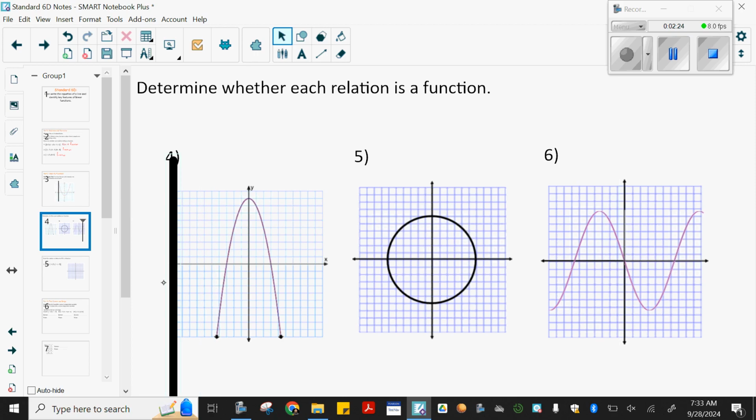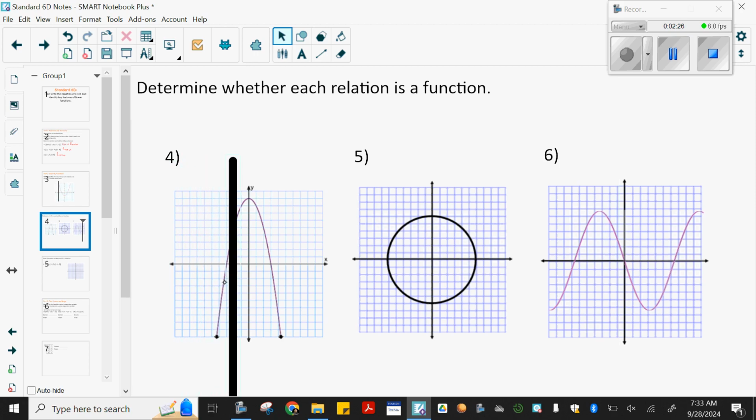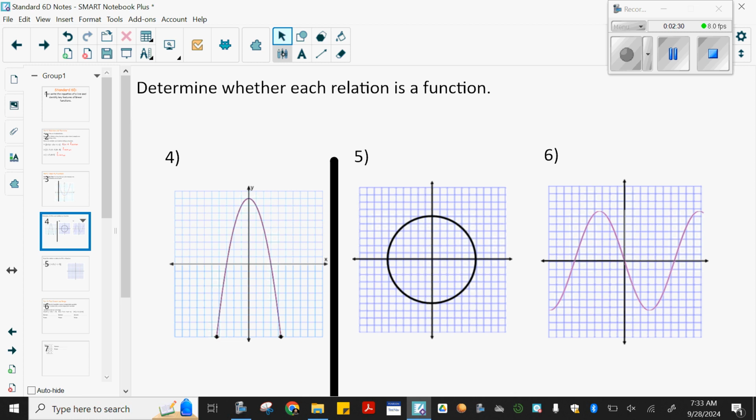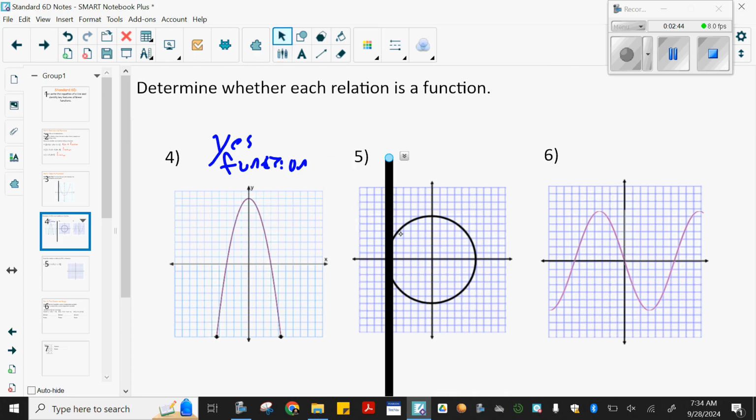Let's start over here. Look at this first one. We have a parabola. Doesn't touch. Alright, so we would say yes, function. Let's do another one. Uh-oh. Look, it's hitting here and here.